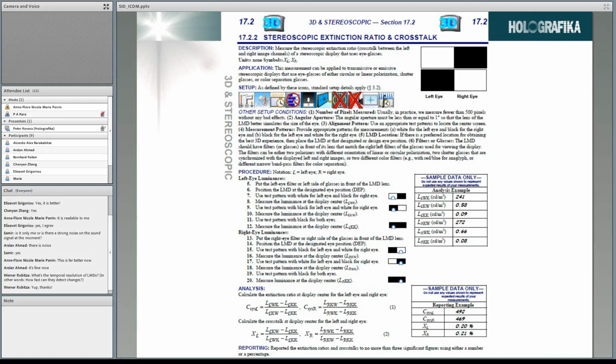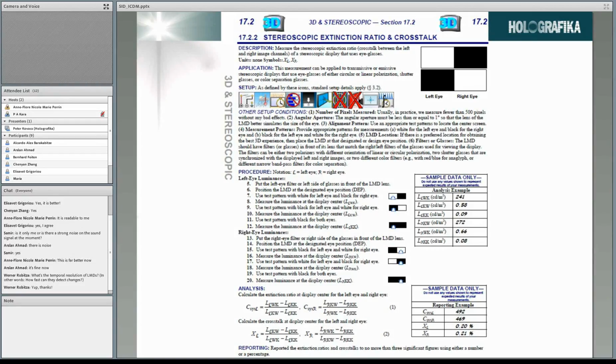So it can quantify if there is a difference between the black level which is observed when the other eye is also black and when the other eye is white, because this is what crosstalk means, that you have some image intensity coming from the other eye.